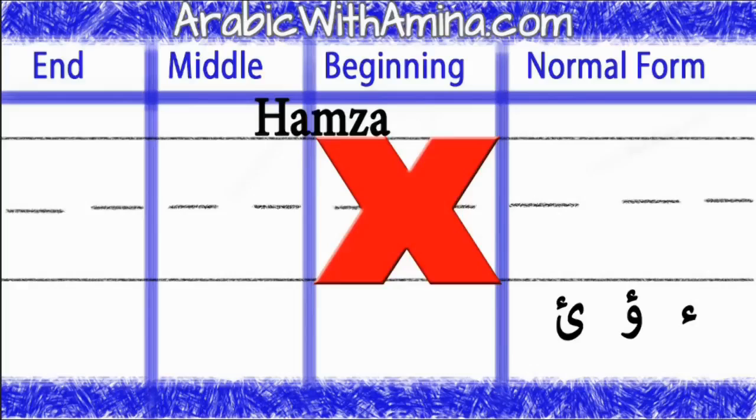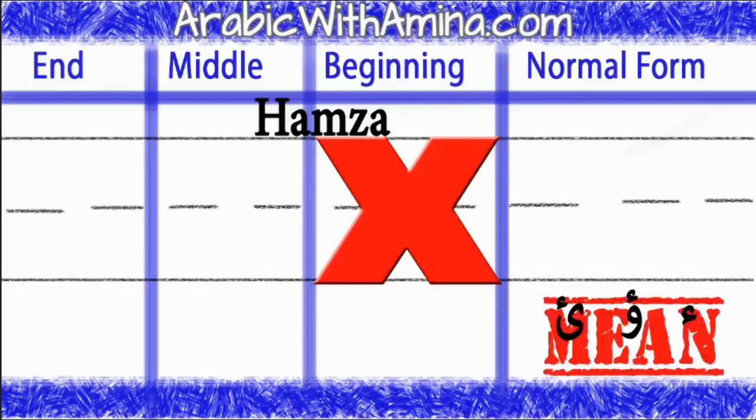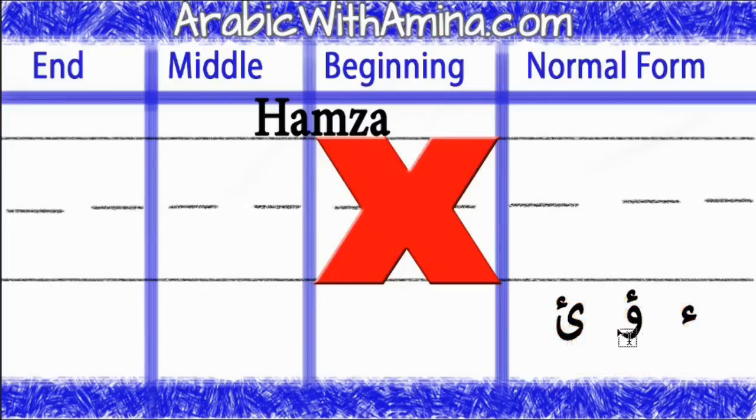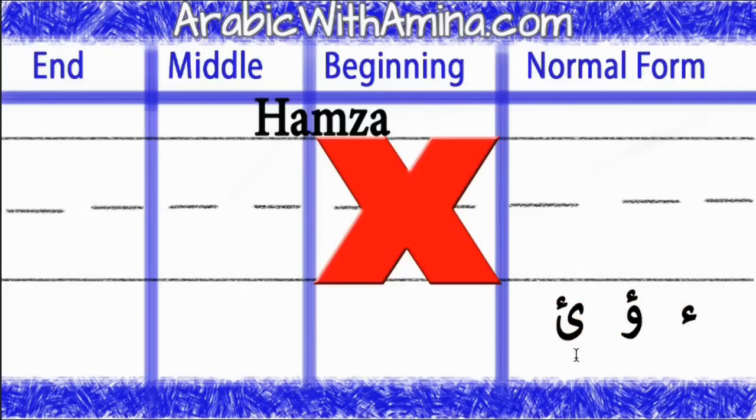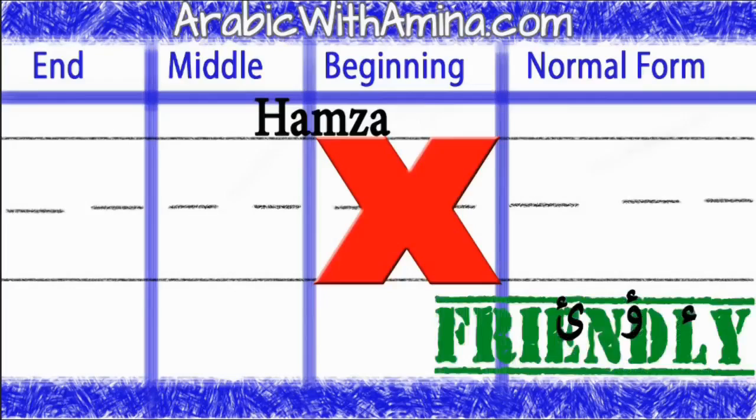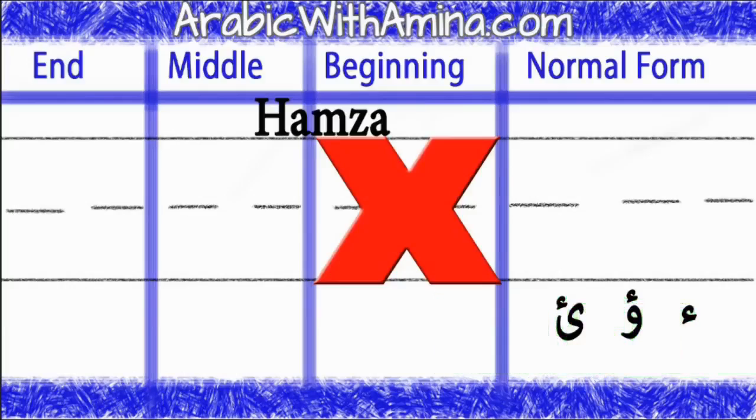And if it was alone, it would be a mean letter. This one right here would be considered mean. And the waw would be considered mean as well. But the ya, it would be considered friendly because it would be connected to anything after it.